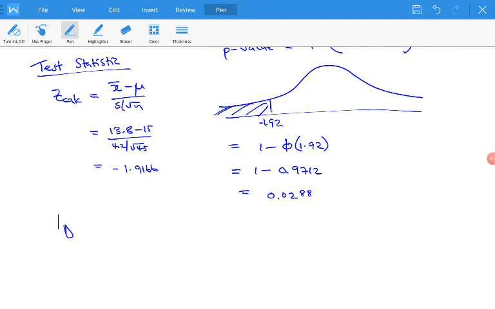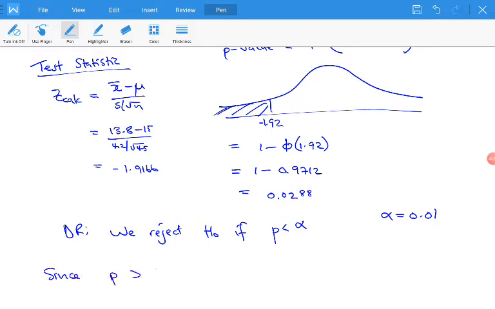Decision rule, using the p-value, we reject H naught if p is less than alpha. In this case, our alpha is equal to 0.01. So since p is greater than alpha, we fail to reject H naught.